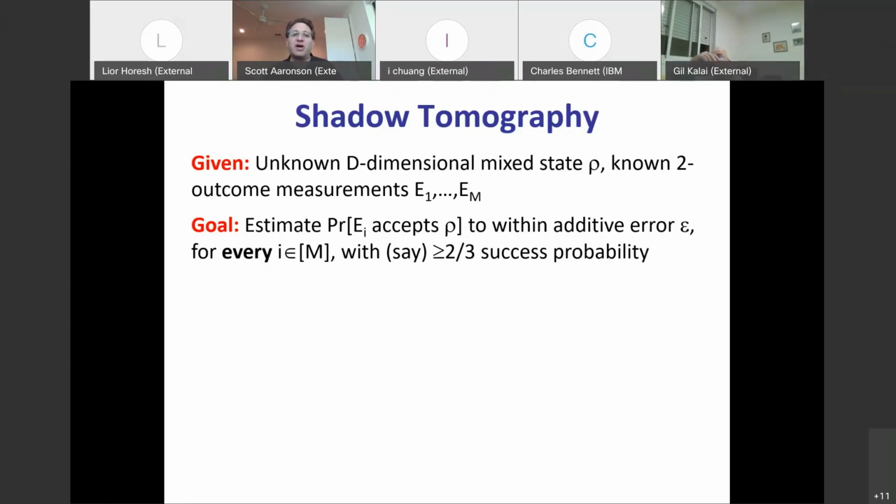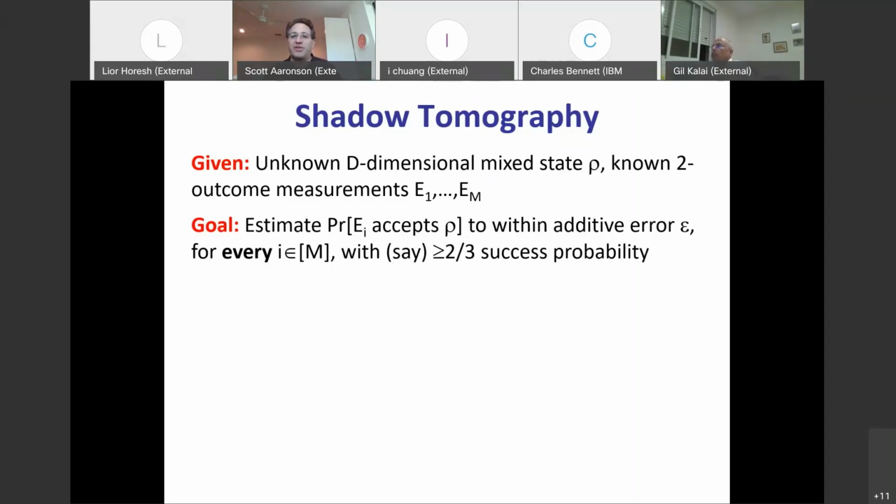And now what we want is, for each of those measurements, for each EI, to estimate the probability that EI accepts rho. Or as a physicist would call it, the expectation value of that measurement operator. In other words, we don't need to know rho entirely as a D by D matrix.